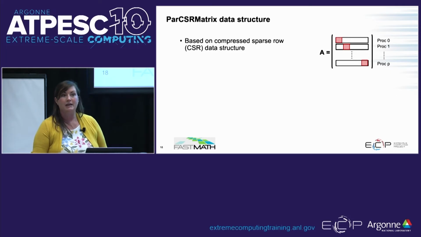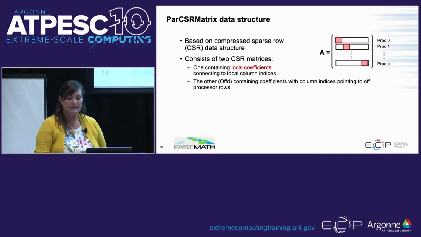Now let's look at the data structure for the unstructured linear system in HYPRE. It is based on a compressed sparse row data format, distributed over processes row-wise, like shown in the figure here. It's actually stored as 2 CSR matrices. The first one contains the local coefficients connecting to the local column indices. The second stores the coefficients for when your column index is pointing to off-processor rows.